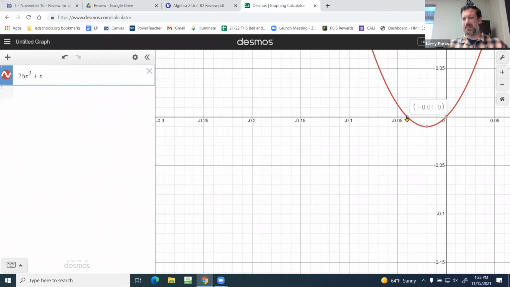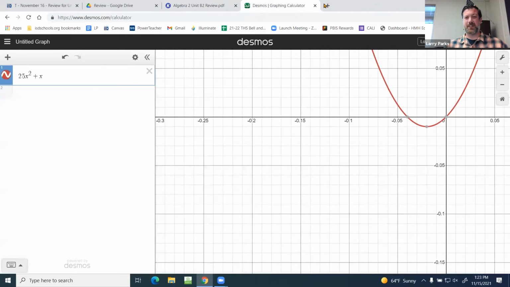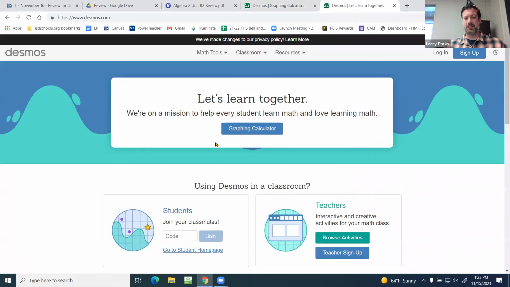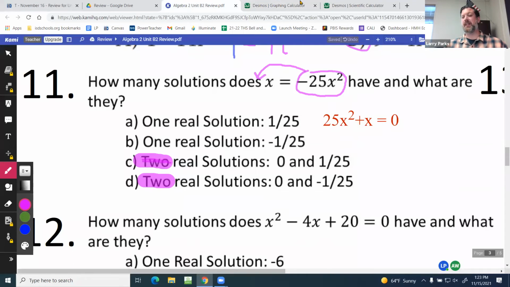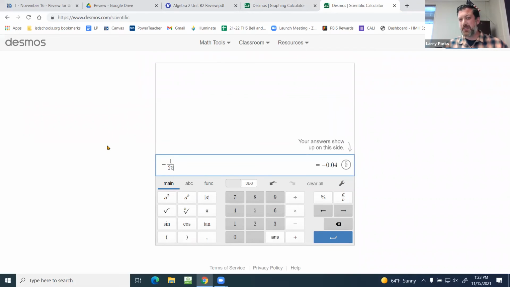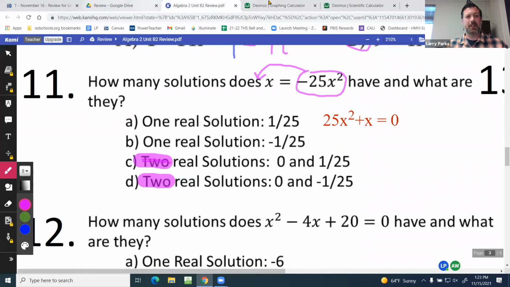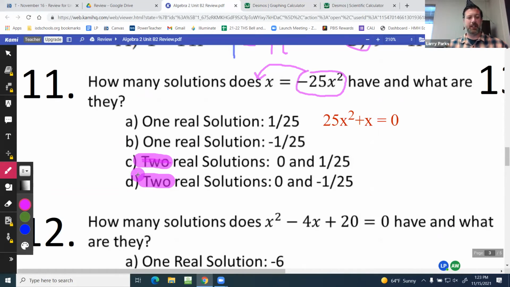You might be going, is that the same thing as -1/25? Let's find out. I know it is, but -1/25, let's see what that is. -0.04, and what did I get? -0.04. So that's going to be D. D is your answer.